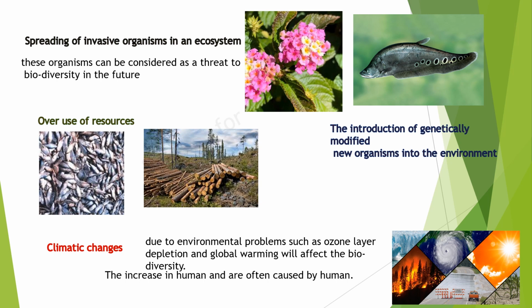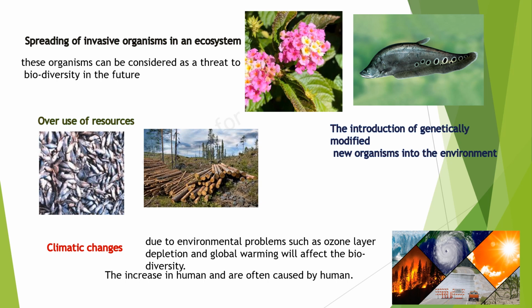Then what will happen? We are destroying the biodiversity. Then the introduction of genetically modified new organisms to the environment, like canola or genetically modified soya beans, might be a threat to biodiversity.